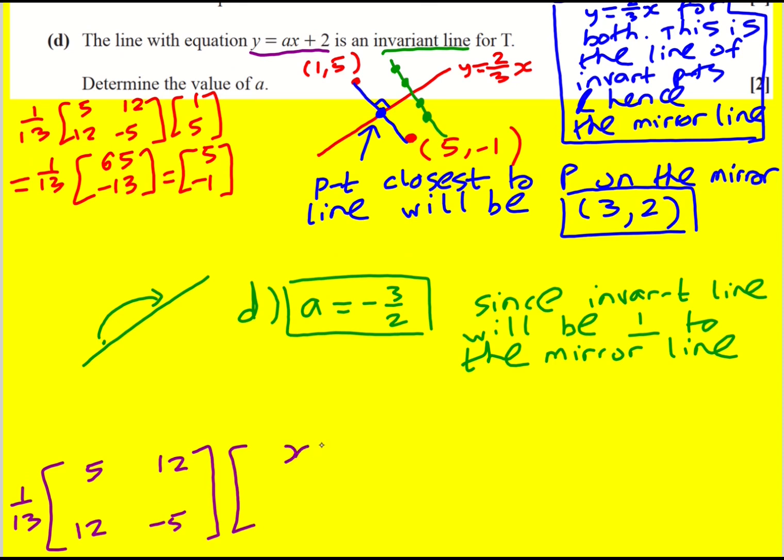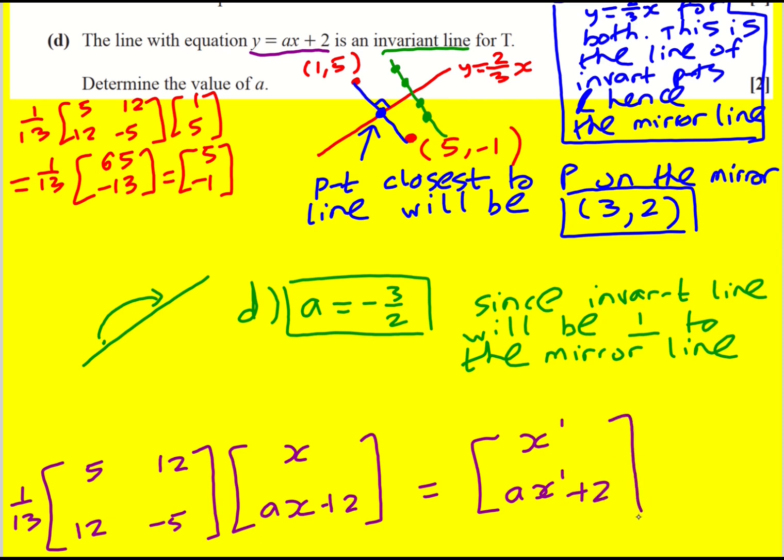So I've got my x value and then my y value, but I know my y value is going to be ax plus 2. And I'm looking for a new x value, but then it's going to equal this new x value times a plus 2. Then it will still be on that same line.